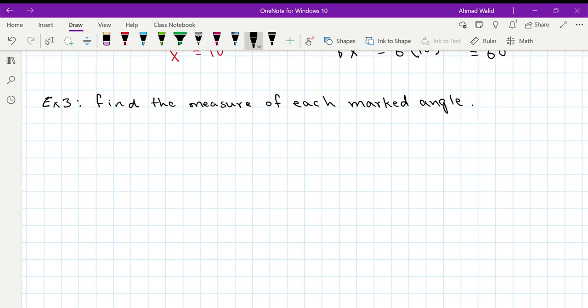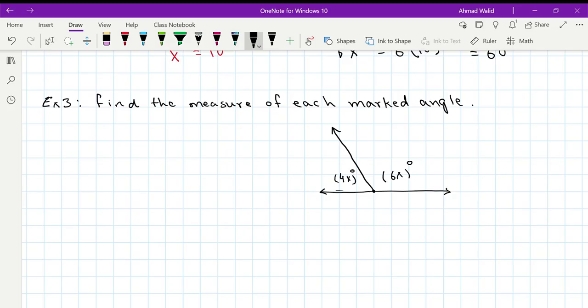They give you again a diagram. This is your vertex. This angle is 6x degrees and this angle is 4x degrees. They are asking you to find the measure of them in degrees, correct?